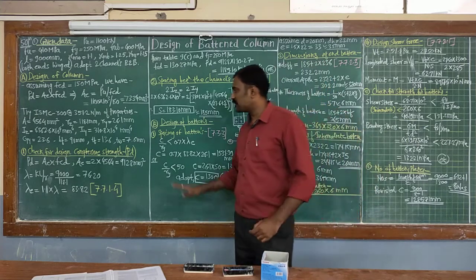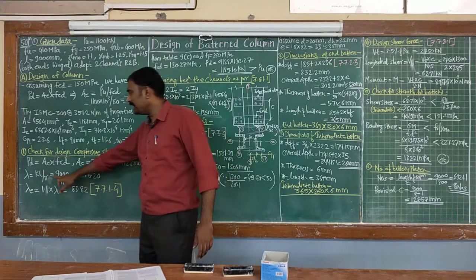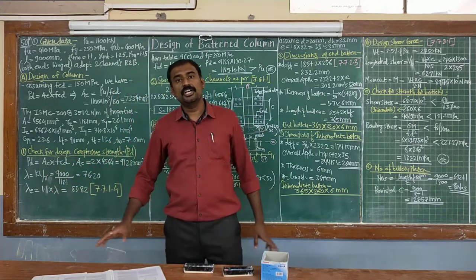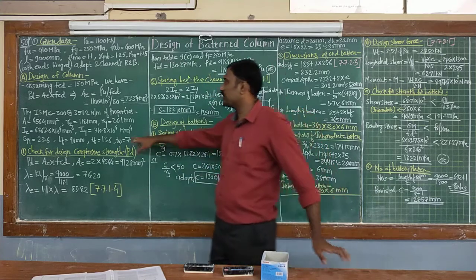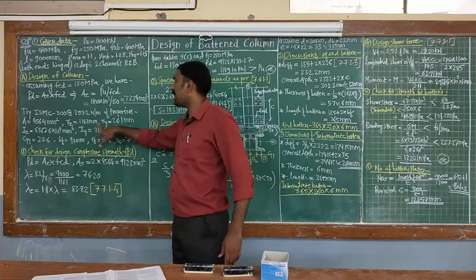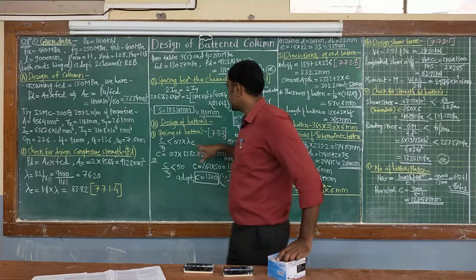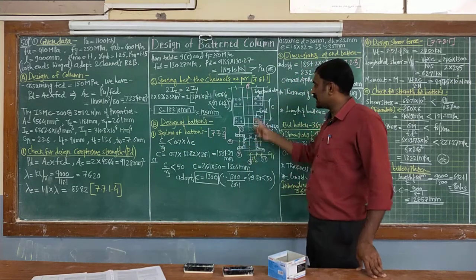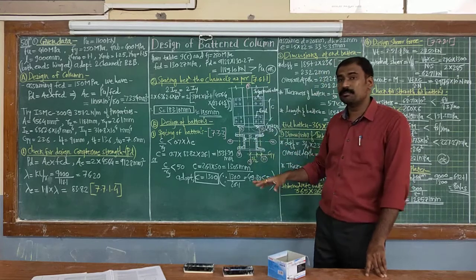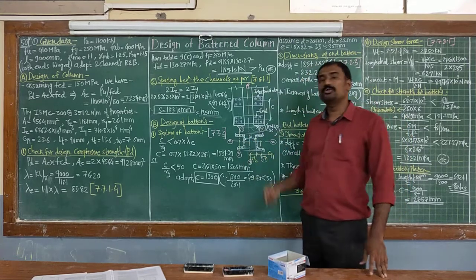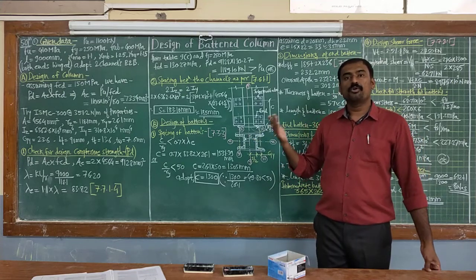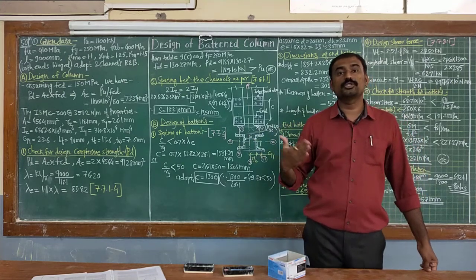Now again in the previous video also we have seen, while calculating your KL by R value or slenderness ratio, initially we are considering the two radii of gyration, RZ value and RY value. But this RY depends upon the spacing between sections, that is, radius of gyration about vertical y axis depends upon the spacing between the two channel sections. If that spacing is going to increase, your value of RY, that is radius of gyration along y side, is going to change.